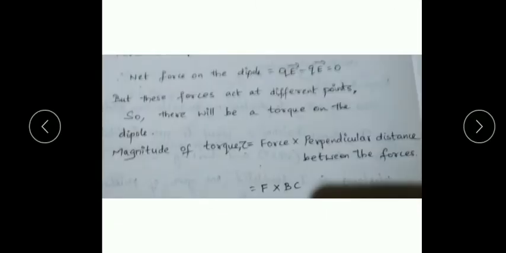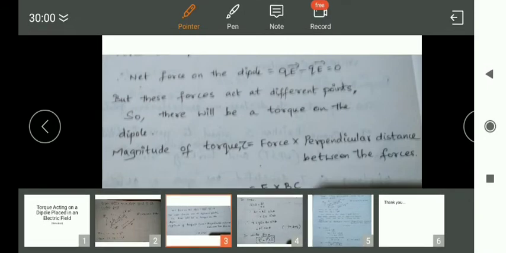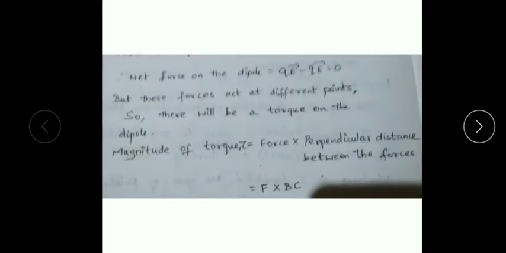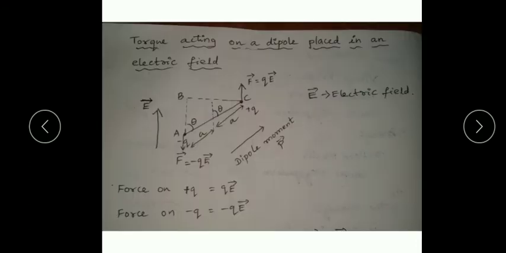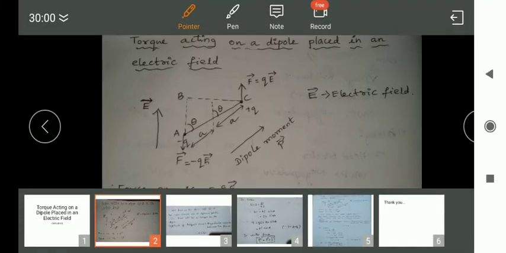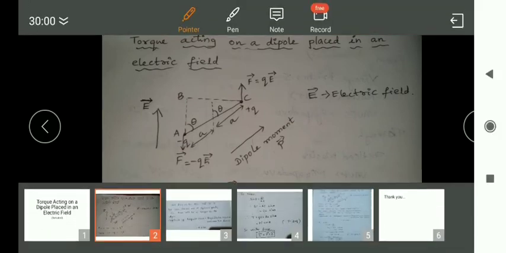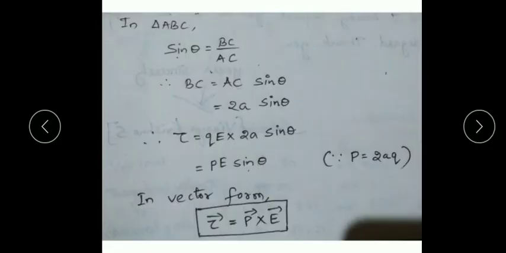So here, in this particular case, what is BC? That is the question. Yes, in triangle ABC, if I take sine theta, this is theta, sine theta will be BC by AC.